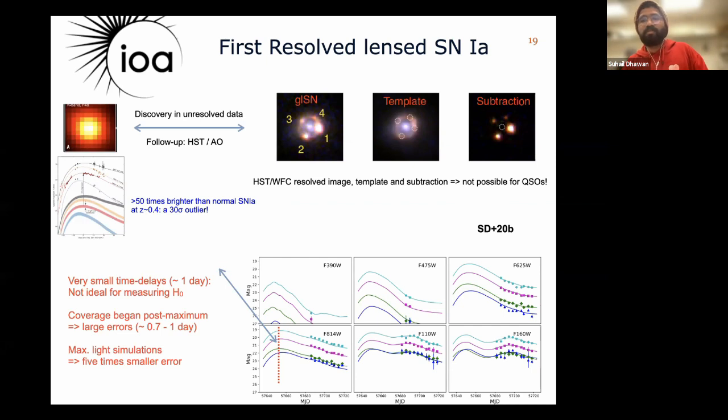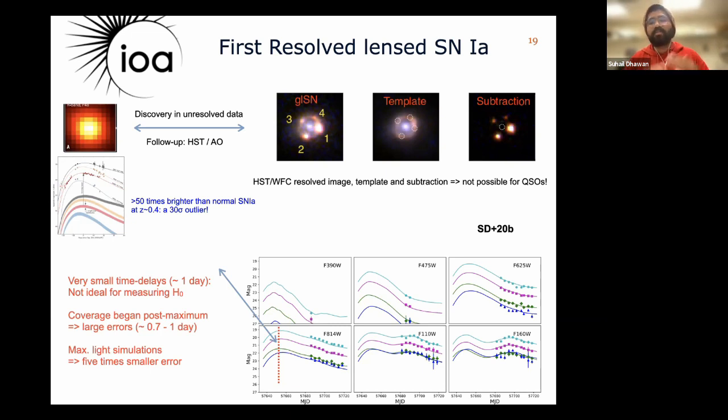And as I was mentioning previously, we can get a template afterwards. That's important both for the lens modeling and for accurate photometry, because you can get a difference image with which we can build light curves in multiple filters. Now, unfortunately, this is an extremely bright event due to the high magnification, combined with the fact that it is very symmetric.